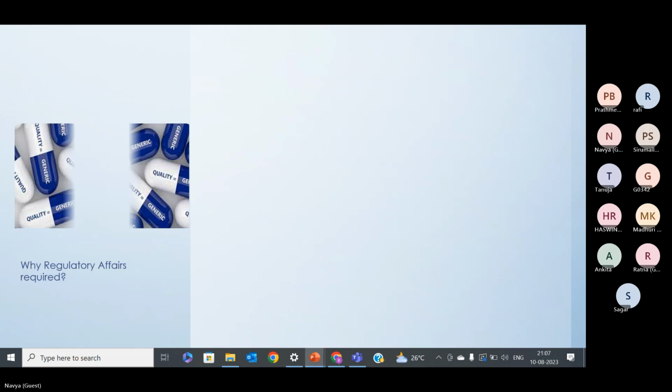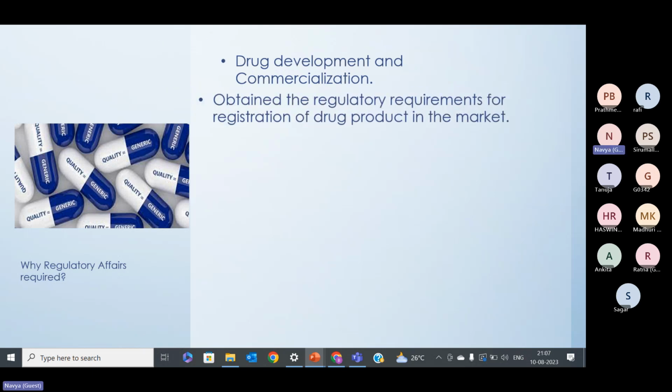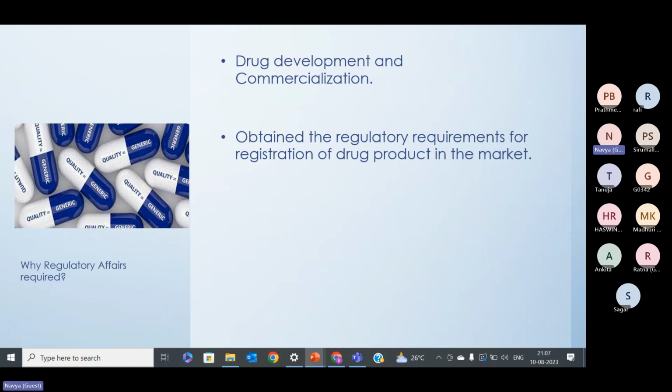Now, why do we require regulatory affairs? Basically, for drug development and commercialization, and to obtain regulatory requirements for registration of a drug product in the market. Another reason is protection and safety of human health.